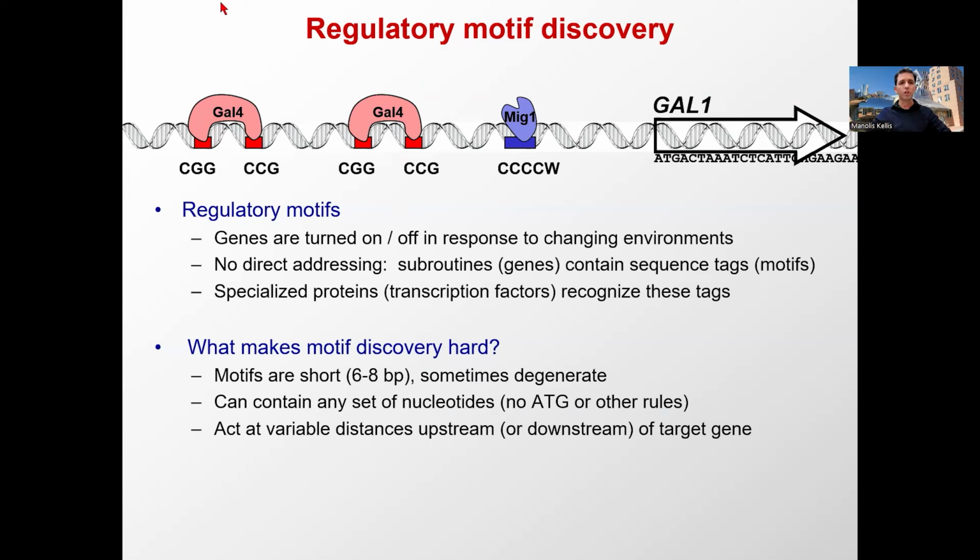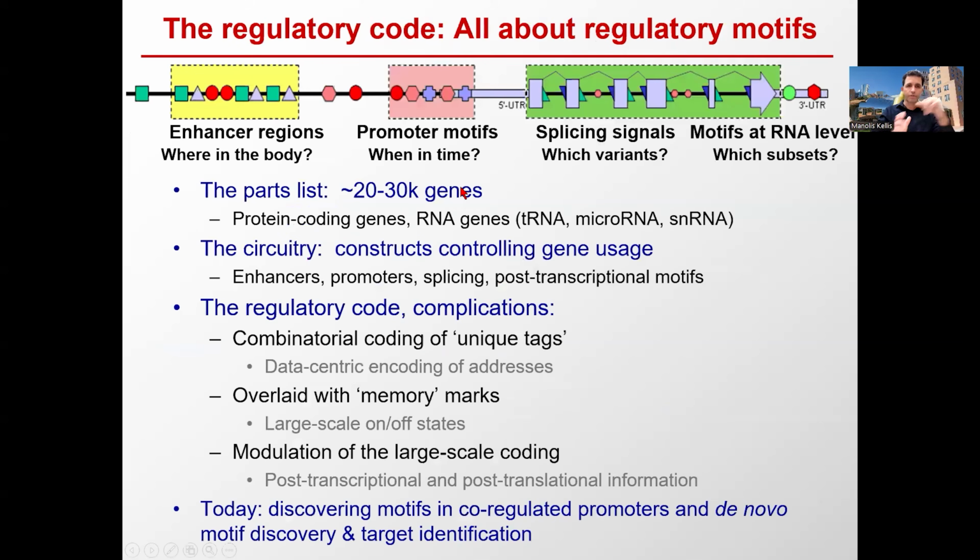And that physical location is usually showing a common sequence. And that common sequence is what allows the regulator to bind. Everybody with me here? So these are the building blocks of these regulatory edges that we're going to be studying in the networks part of this lecture.